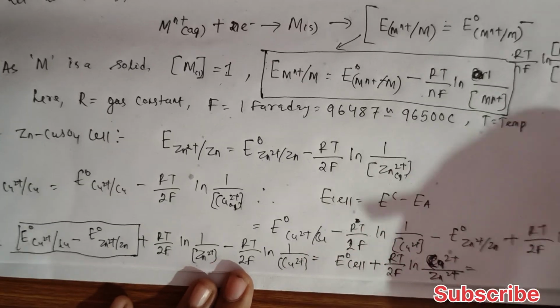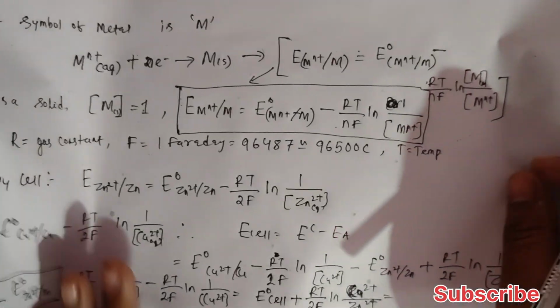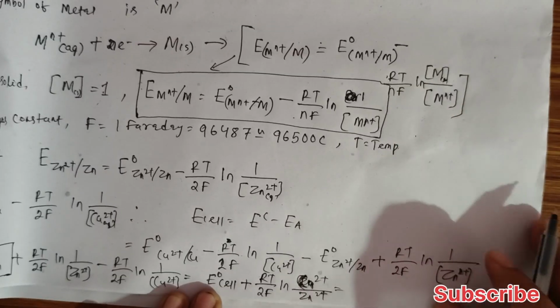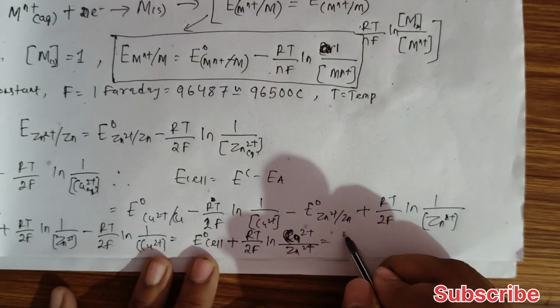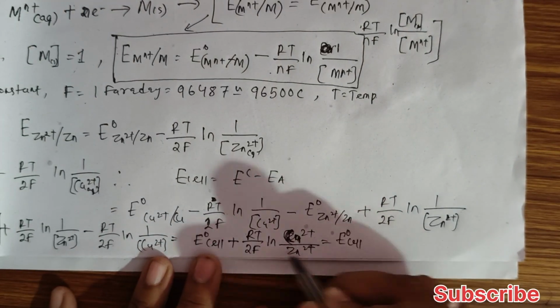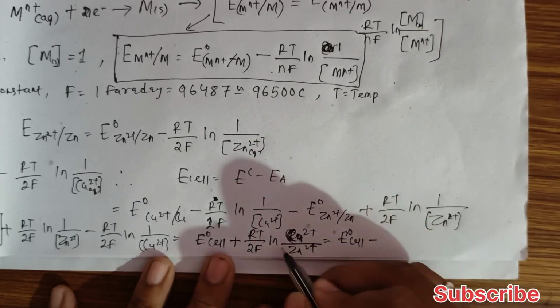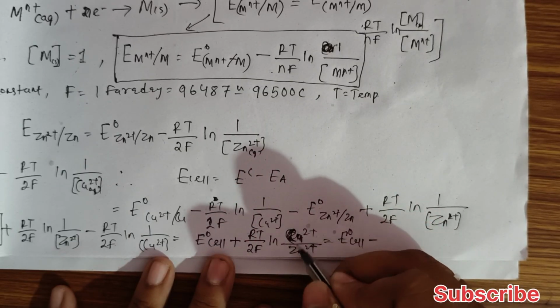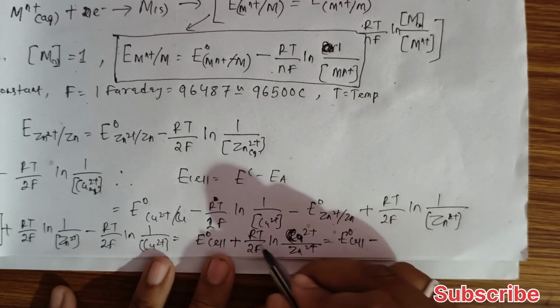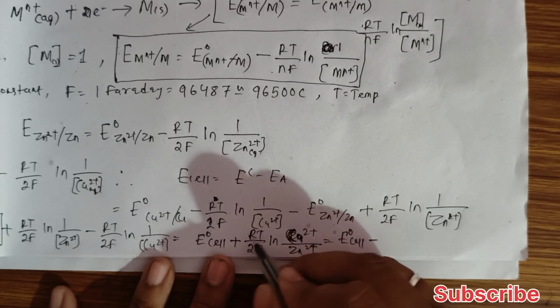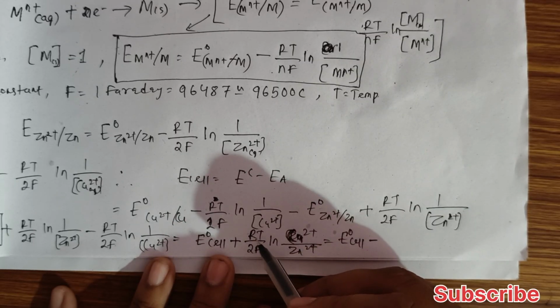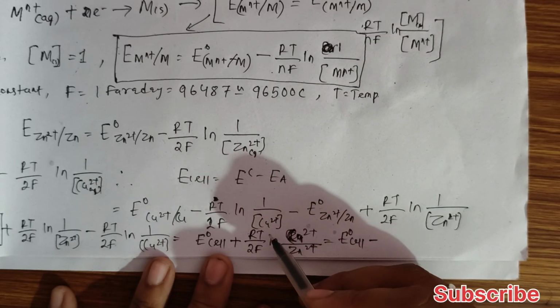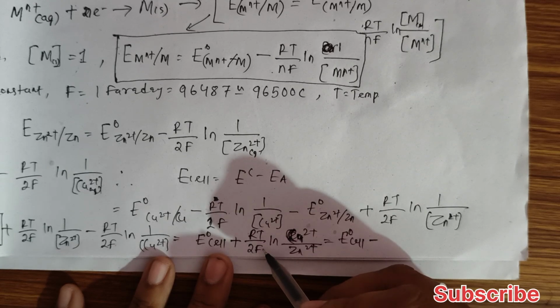So if I simplify all these values, we get a simple value. If I take a minus here, this term will be reversed. RT by nF, these are all constants: R value 8.31, temperature 298 Kelvin, Faraday 96500.